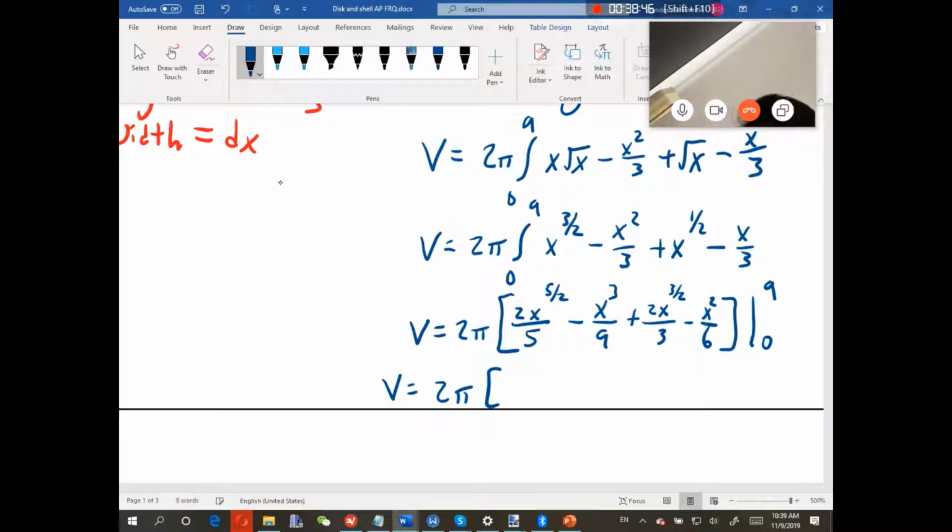I'm going to plug in 9. If I plug in 9, this bottom part of the fraction tells me I'm going to square root 9. So the square root of 9 is 3.